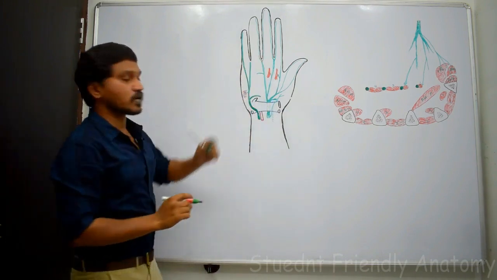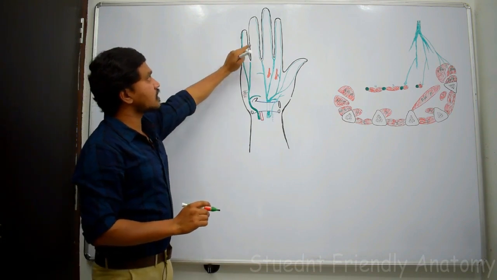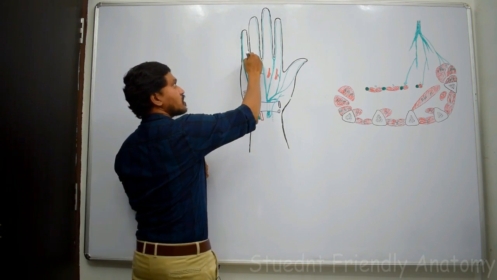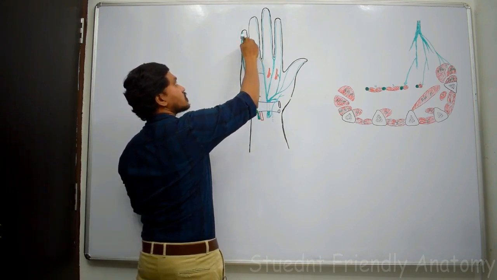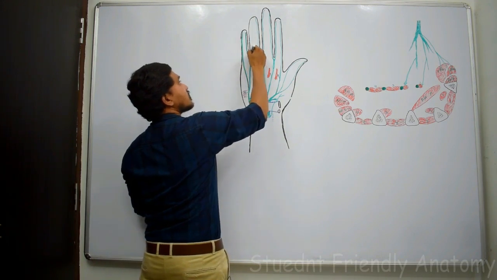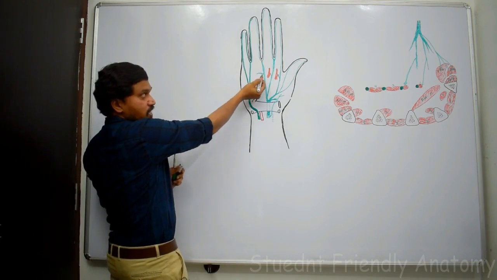So this is the proper digital nerve and this is the common palmar digital nerve. When this common palmar digital nerve reaches the interdigital cleft between the little finger and ring finger, it divides into two proper digital nerves. These proper digital nerves supply the adjacent sides of the little finger and ring finger. Here this is the communicating branch from the median nerve.